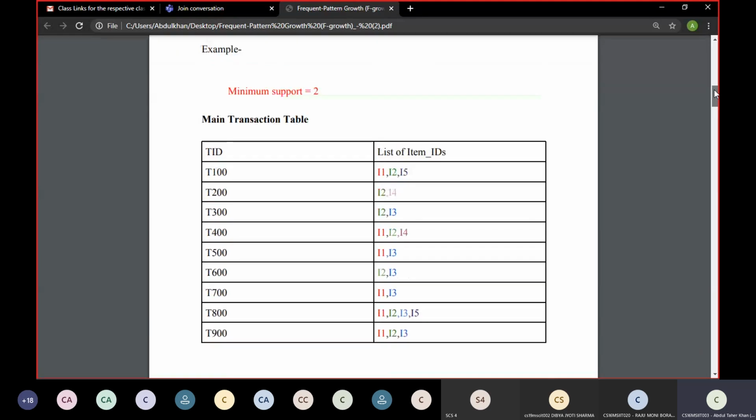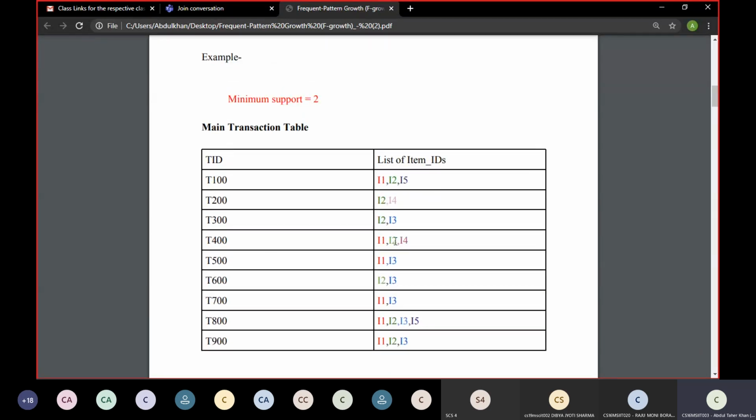Next is transaction T400: I1, I2 and I4.